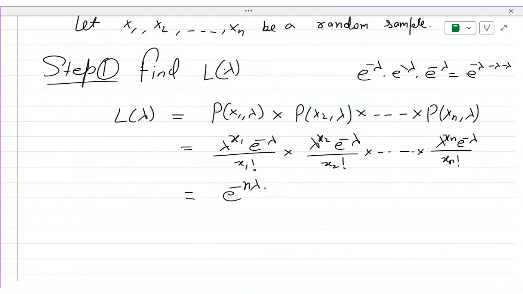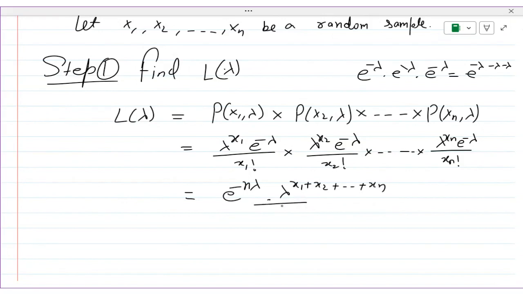Now lambda power x1, lambda power x2, lambda power xn, base same, lambda power will get added. So lambda power x1 plus x2 plus up to xn, divided by x1 factorial multiplied with x2 factorial, and so on up to xn factorial. This is a very important question which I am doing right now.